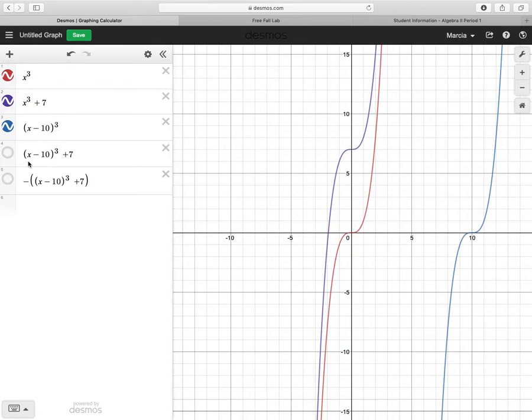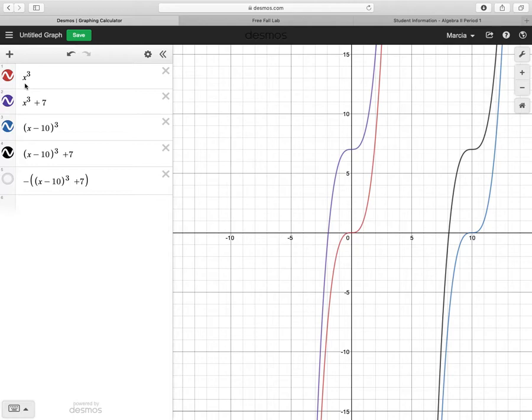We would expect it to just move up 7. So let's see if that's what it does. Oh, happy day, it did. So math is a beautiful thing. That was very predictable. So this one that's in black is this more complex function right here, where we have multiple transformations of the original x cubed function.